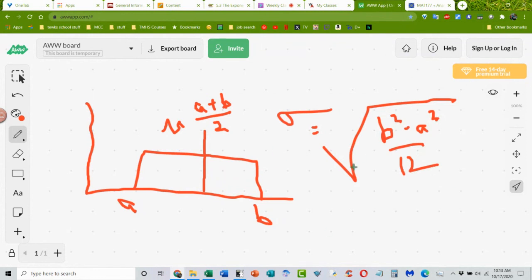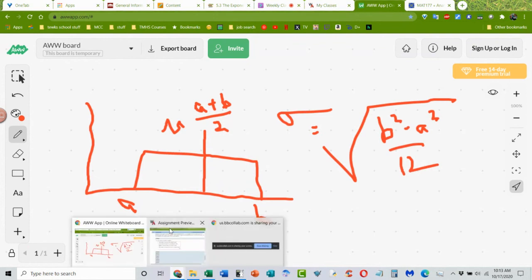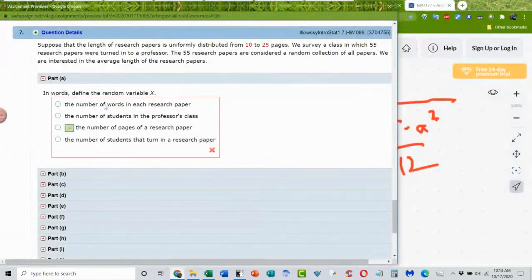It's in the book. I'm going to accept it, because somebody has figured it out at some point in time. So this is the standard deviation of a uniform distribution, always. And so what we have to do is calculate that for this thing.